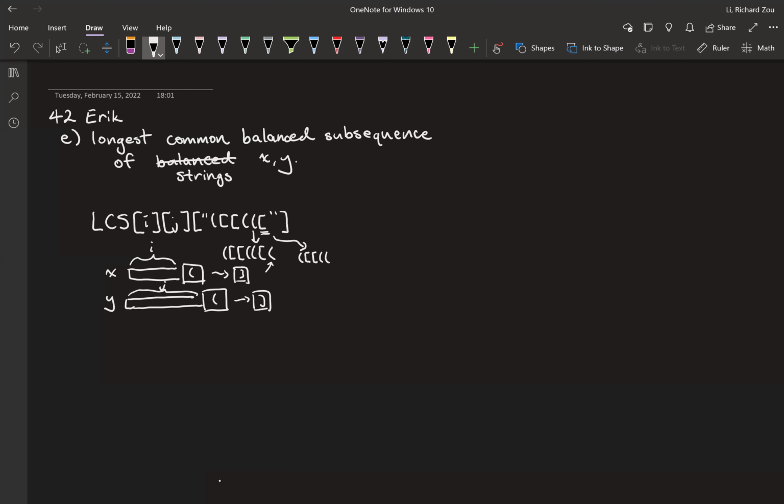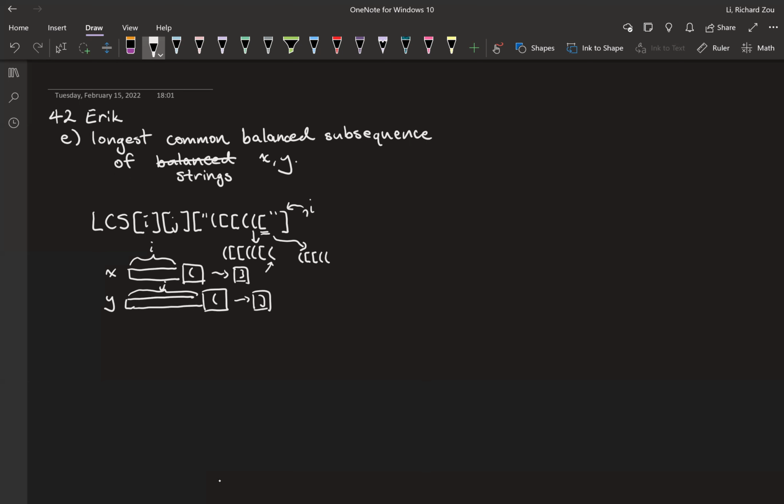I'm not exactly sure, because we're keeping a stack, this state is really, really huge, right? It could potentially go up to length i or so. And not only that, there are two types of opening.